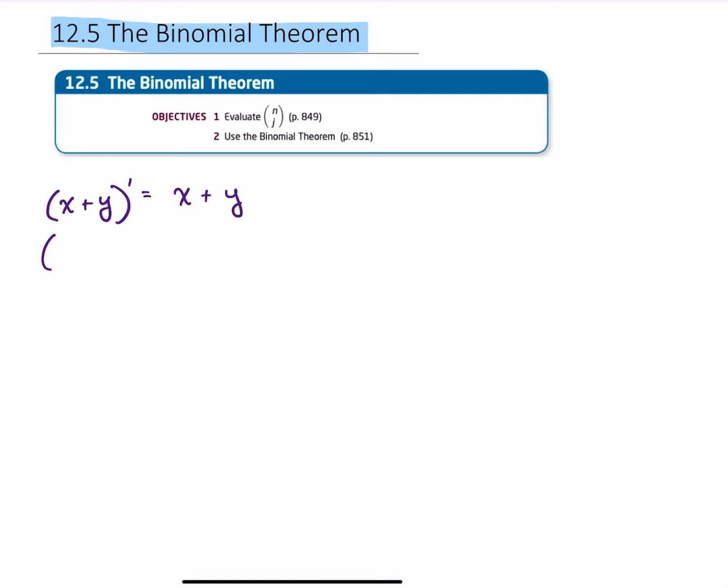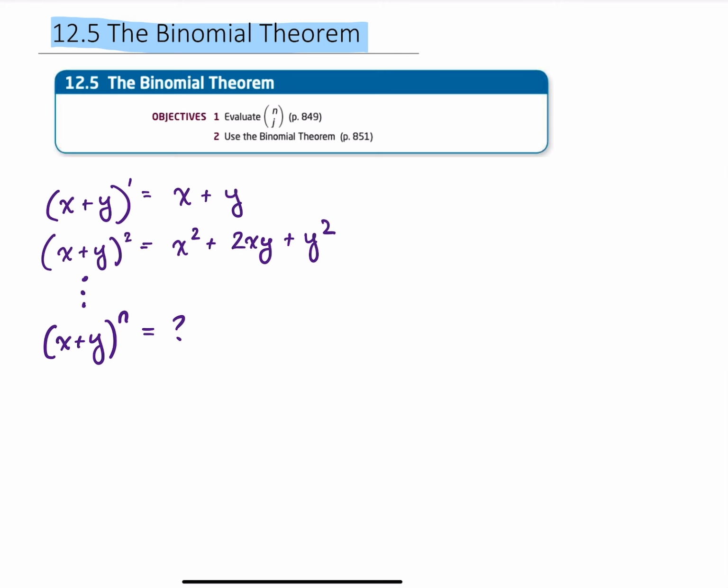If we raise it to the second power, that would give us x squared plus 2xy plus y squared. And we can continue this until we get to x plus y to the nth power. So what will this be equal to? We'll be working on building basically a formula so that we can produce any power of a binomial.